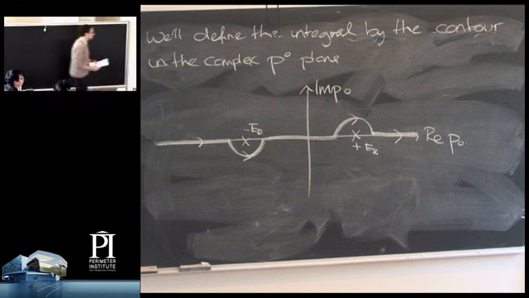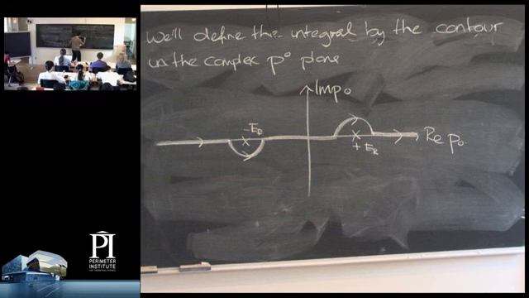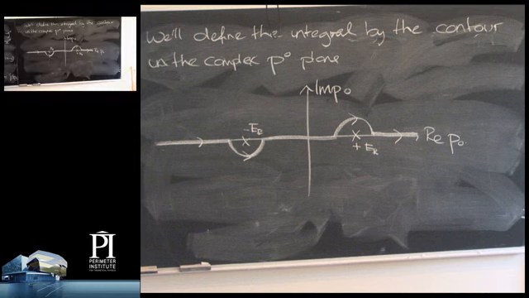I'm going to go along the real axis, and then I'm going to dip below this pole, run above this pole, and then finish off. So this contour is implicit in this definition here to make the whole thing well defined.